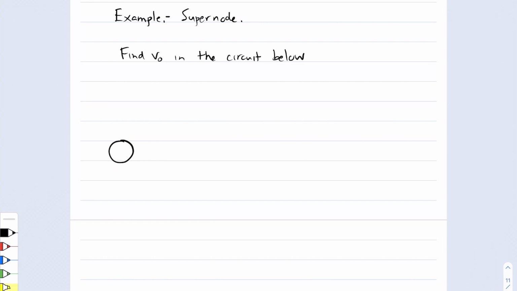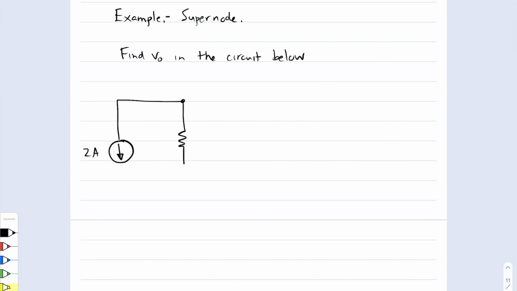So in this particular case, the example that I have for you guys is for the supernode. And quite simply, it's to find V naught in the circuit below. The circuit contains an independent current source providing us with 2 amps down.